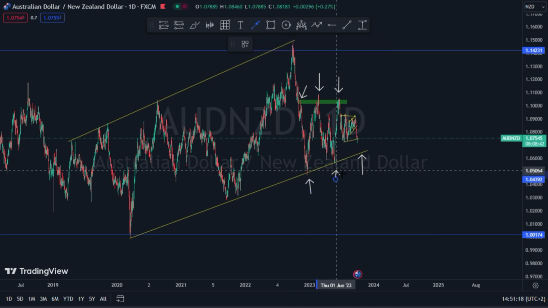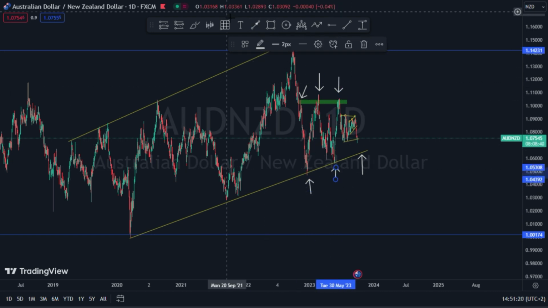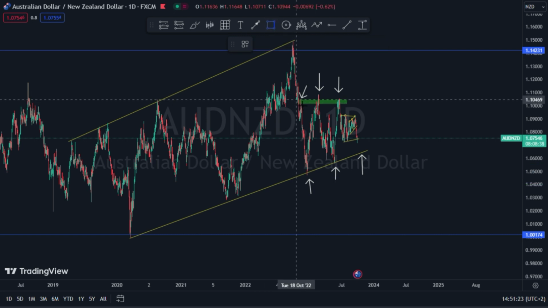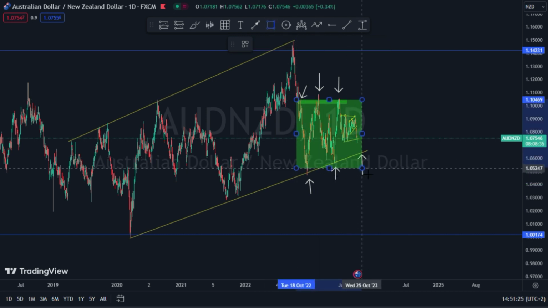So this whole movement makes this thing become a structure, which is a continuation pattern to the downside.